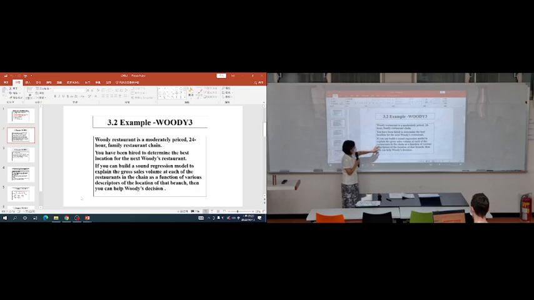Therefore, they can increase their gross sales volume and also choose the important variables to explain the sales. So if this is an example, what's the purpose of doing this regression?